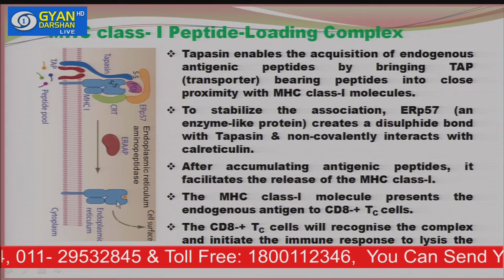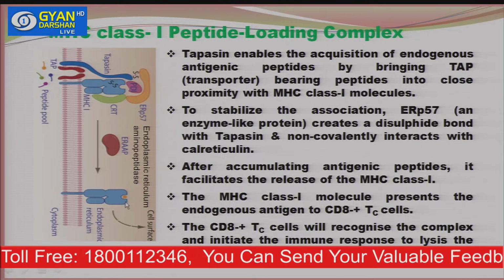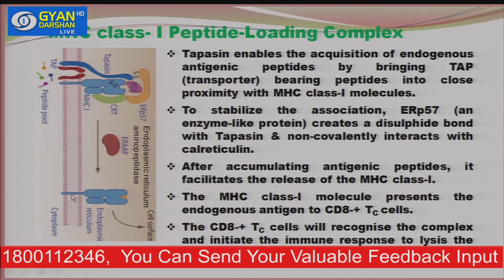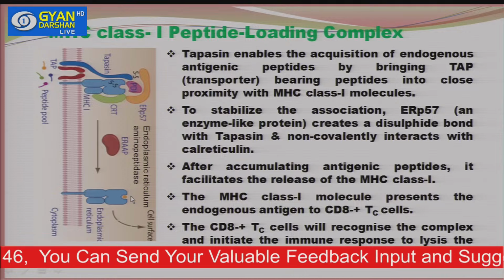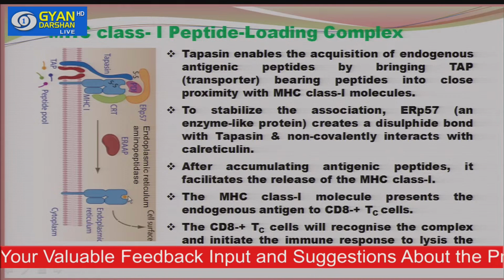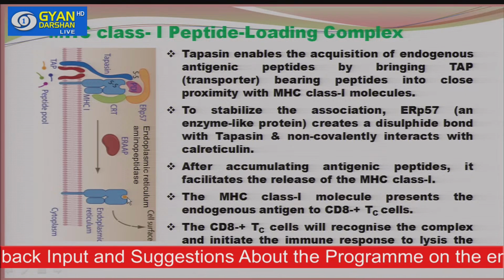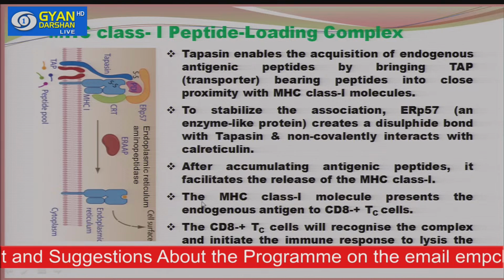It will trim the peptide, and ultimately you get the mature MHC molecule. They have the antigenic peptides, and it will be recognized by the CD4 or CD8 positive cells.